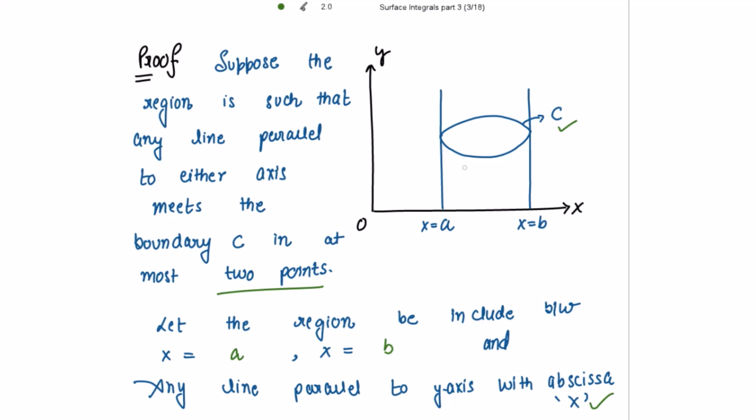So those points are y equal to xi(x) and the other is y equal to phi(x), where xi(x) is less than or equal to phi(x). I am not mentioning the point at which the line meets, because the line can be here, here, or here. It is about any line parallel to the y-axis, so that is why I have written the abscissa x.